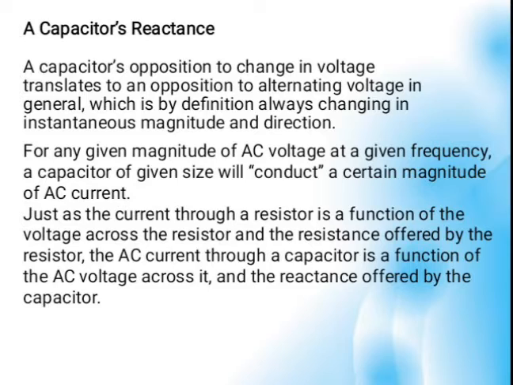For any given magnitude of AC voltage at a given frequency, a capacitor of given size will conduct a certain magnitude of AC current. Just as the current through a resistor is a function of the voltage across the resistor and the resistance offered by the resistor, the AC current through a capacitor is a function of the AC voltage across it and the reactance offered by the capacitor.